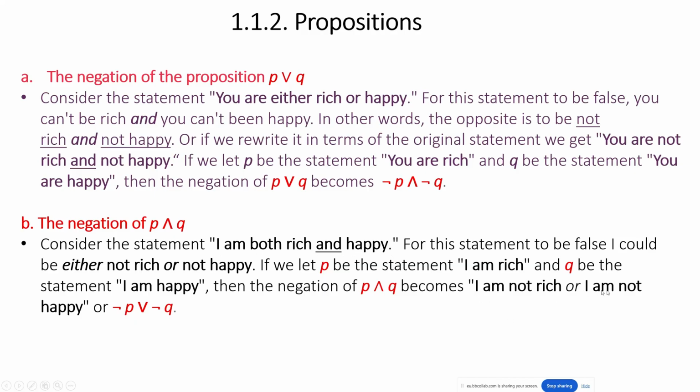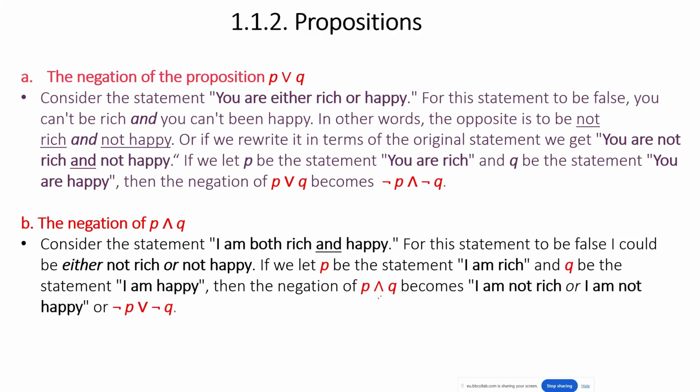That's the negation of that. I can also say I'm not both rich and happy, which means you're not rich and happy at the same time. So either you're not rich or you're not happy.